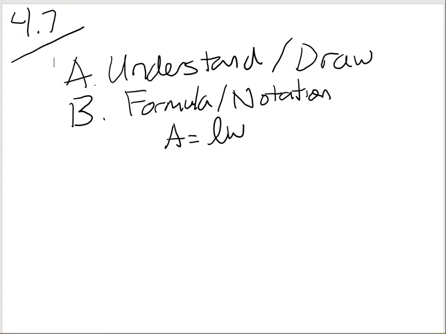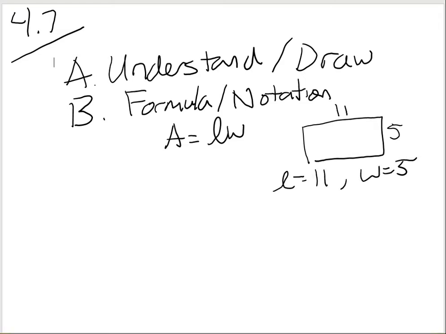Like, what dimensions are that? If I know this is a 5 by 11 rectangle, a lot of times we'll say the length is 11 and the width is 5. So it's that sort of acknowledgement of what are our variables.